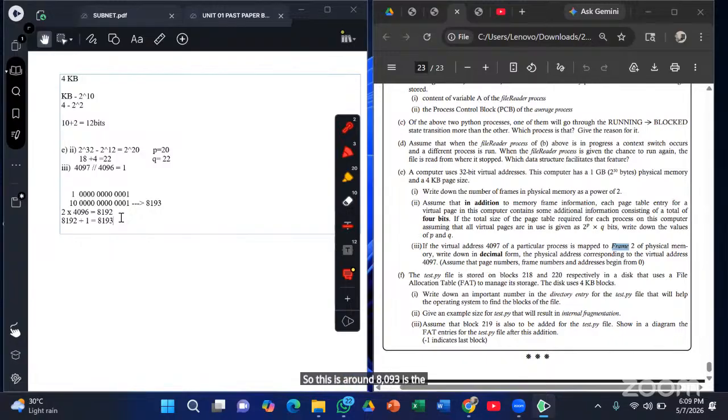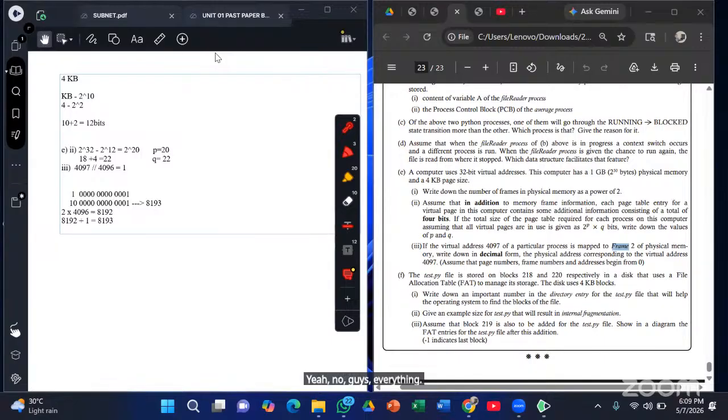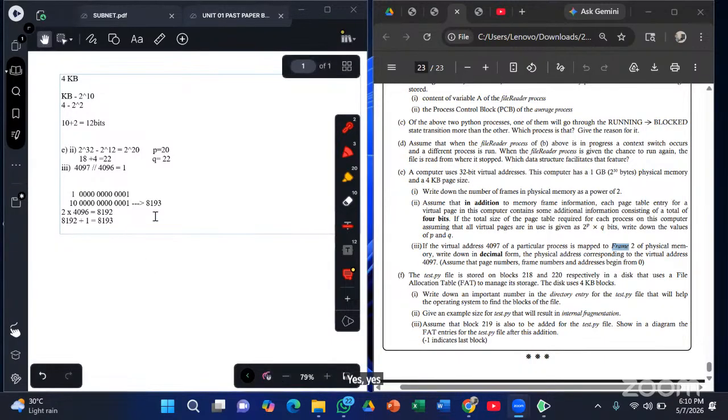What is the physical address corresponding to the virtual address? Clear? The conversion is a bit confusing, right? So the formula, I think it's better if I make a poster and send it. Clear now, guys, everything? Yes, good. Do the questions again on your own.